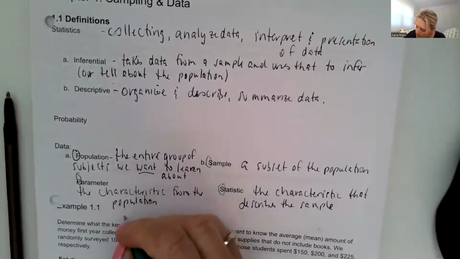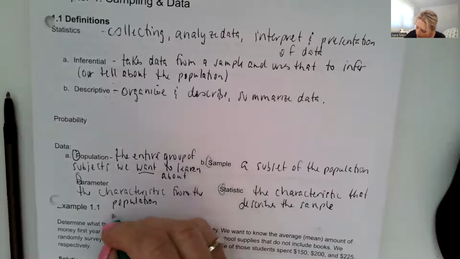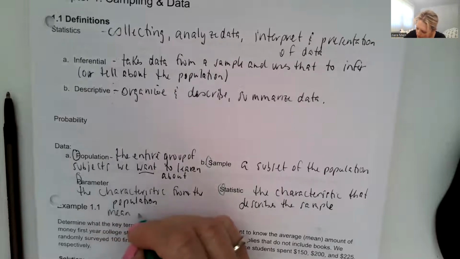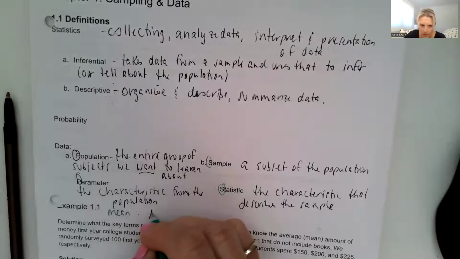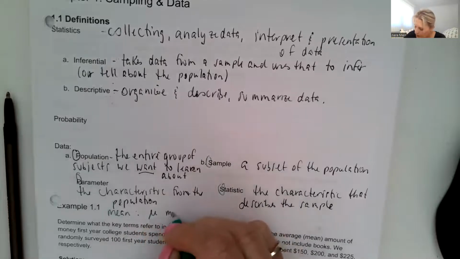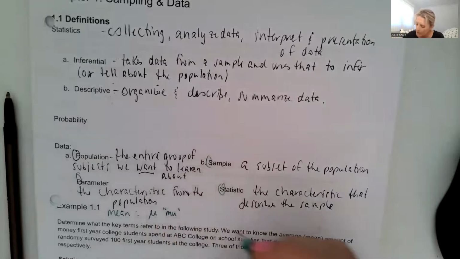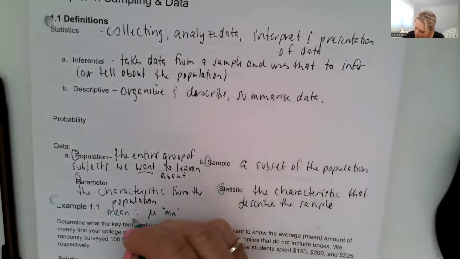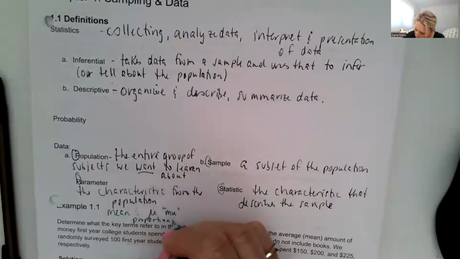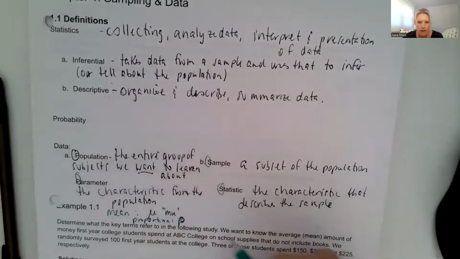We're going to be talking about the population mean, and that will be using this symbol. It's a Greek symbol called mu, is how we pronounce that. And then we're also going to be talking about the population proportion, and we're going to use a capital letter P to describe that.